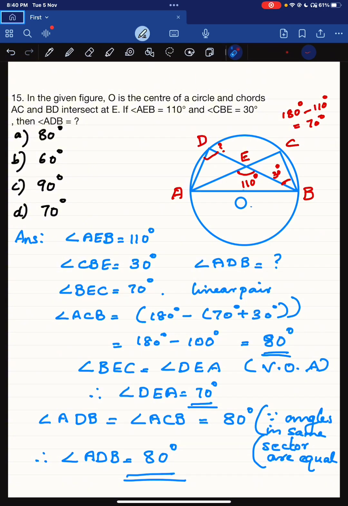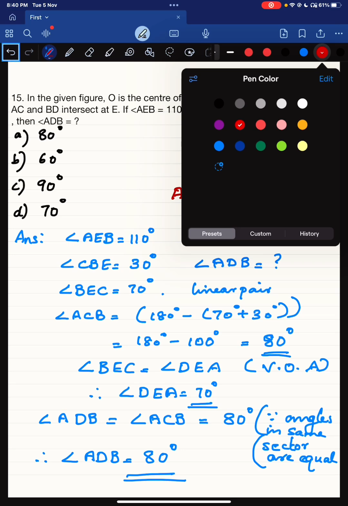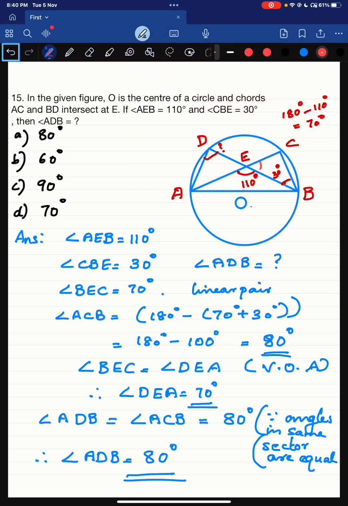We can write there: angle BEC is equal to 70 degrees. And here we have to find angle ACB. In this small triangle, that is triangle BEC, we know the sum of the three angles of a triangle is 180 degrees.